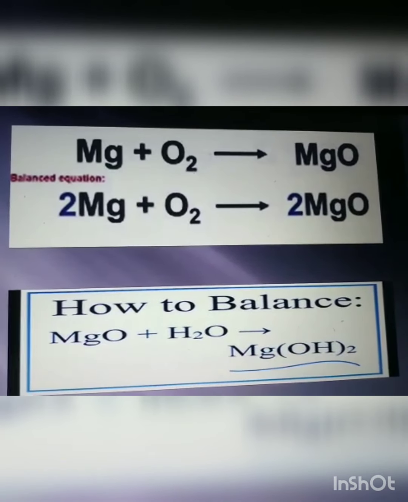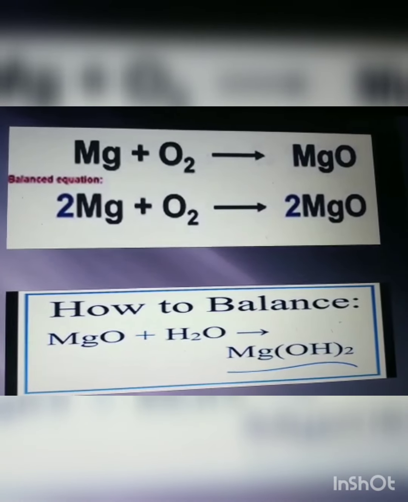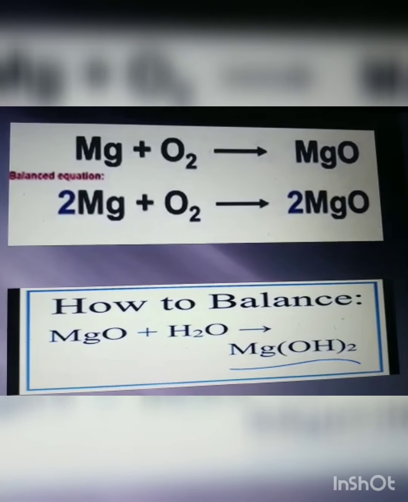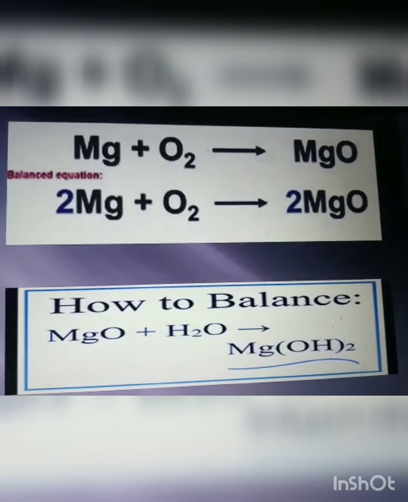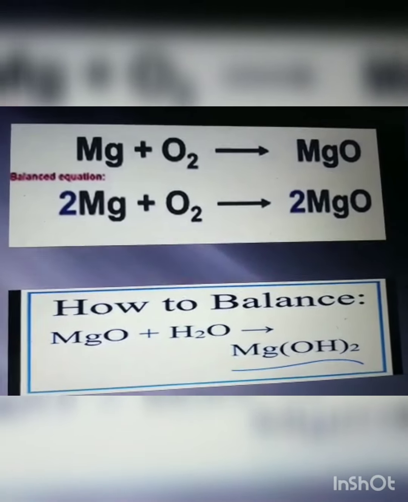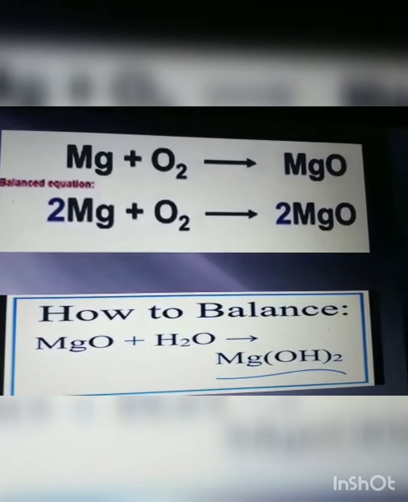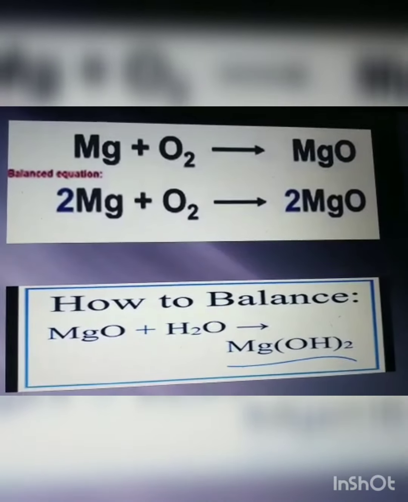That is, 2 molecules of magnesium oxide. In these 2 molecules of magnesium oxide, individually, magnesium is 2 and oxygen also is 2. So it is completely balanced.